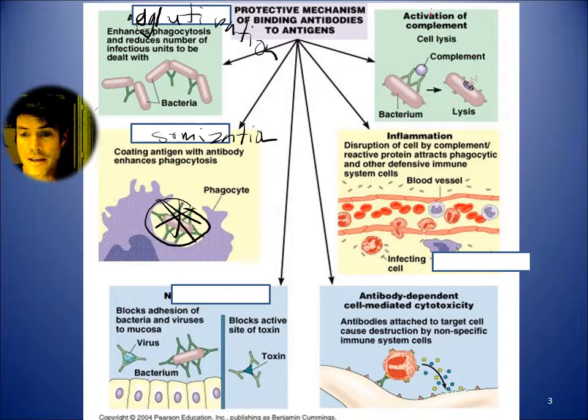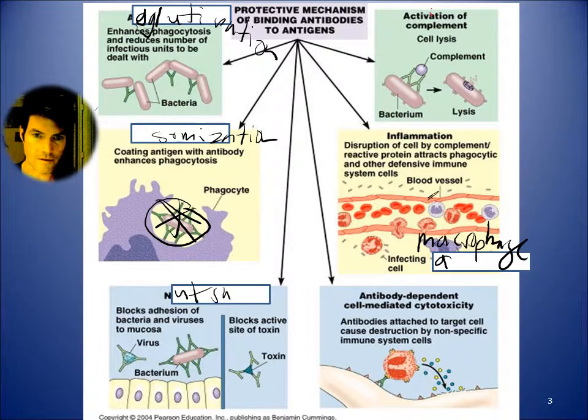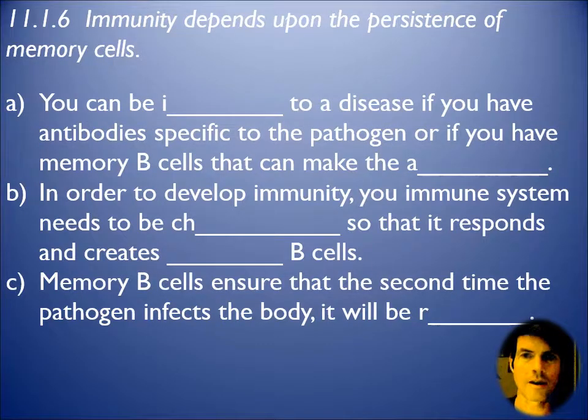This is inflammation. You have some leakiness, so these macrophages can get in there and go after the offending virus or bacteria. And here we have a graphic of neutralization, and we have cytotoxicity. Check those diagrams out. They're a nice way to get a good graphic of it.